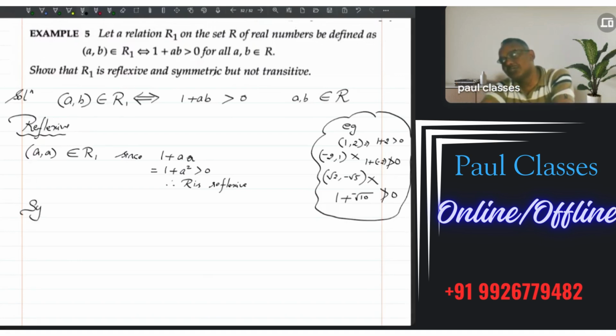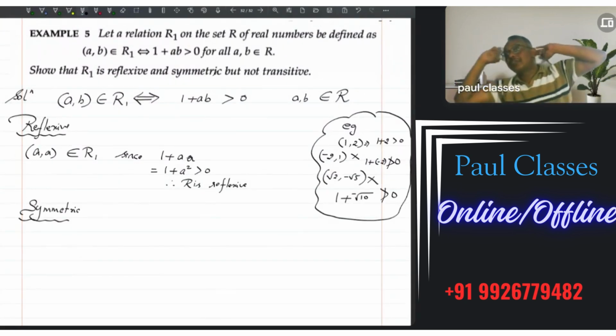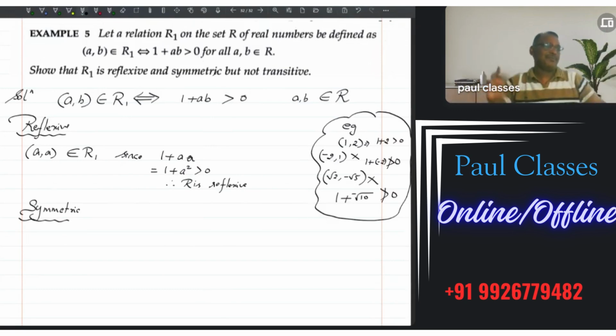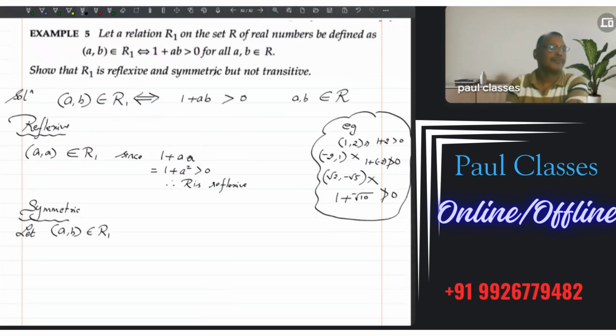Stop writing, listen carefully here, you will enjoy it. Symmetric and transitive, they always start with let. If, because we are assuming some numbers in it. Let A, B be in this R1. Now, since it is there in R1, for sure it is there, because we have taken a number from R1 itself.